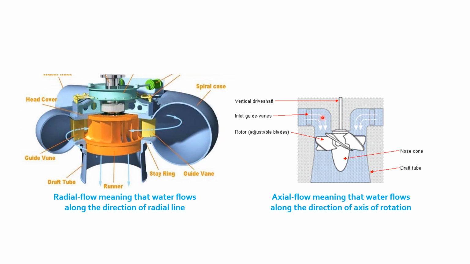The water enters the runner in a direction which is parallel to the axis of turbine rotation. Hence, these types of turbines are also called axial flow turbines. Here you can see the runner of this turbine. The water flows around it and creates lift force and impulse force as well, which rotates the turbine runner. And in this turbine, you can see the draft tube over here.